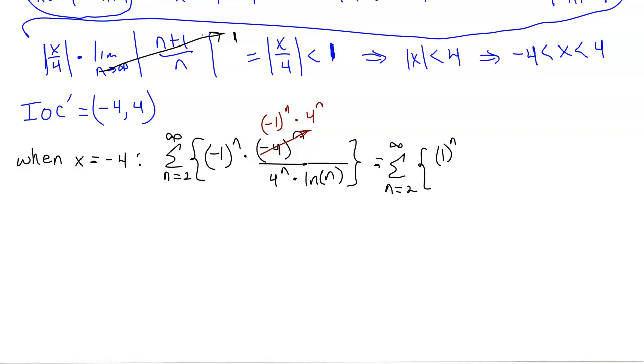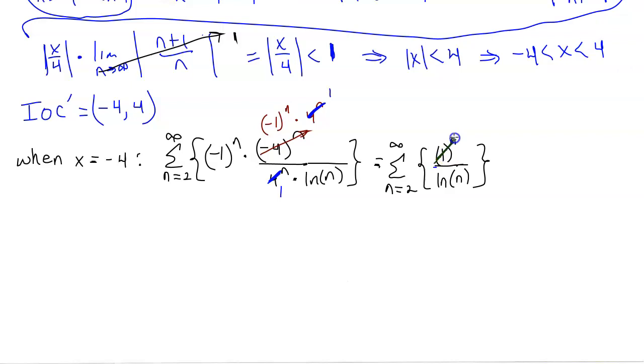We also see here that this 4 raised to the n and this 4 raised to the n will reduce to 1. So that part will go away, and here in the denominator, what's just going to be left after that is just natural log of n. Okay. And of course, this 1 raised to the n, that's just going to be 1.